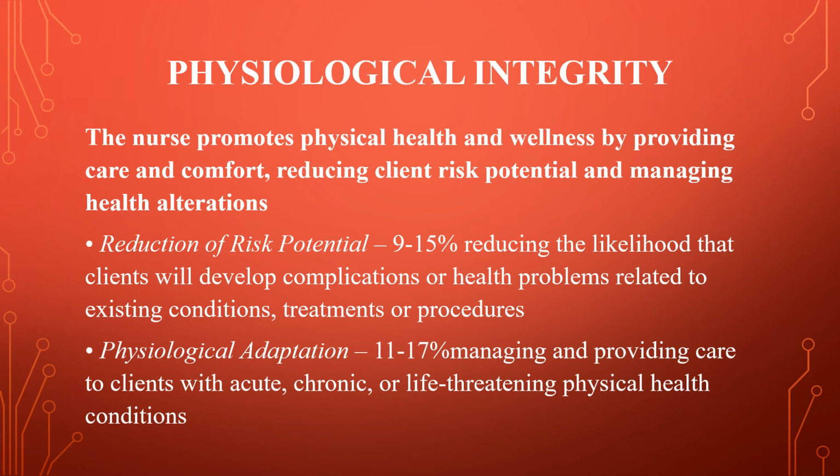And the last subcategory is physiological adaptation, which comprises 11 to 17%. And here we are managing and providing care to clients with acute, chronic, or life-threatening physical health conditions.